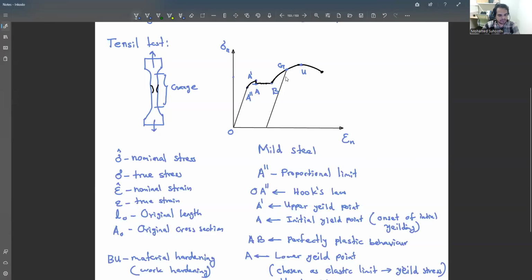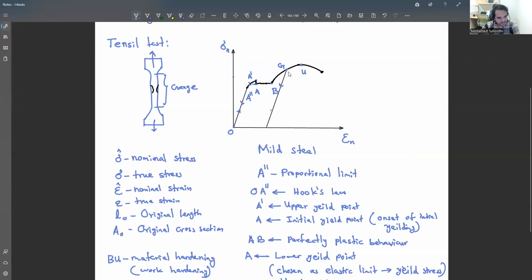Previously, within this region, even if you are loading, if you remove the load before reaching A dash, the material will return to the same position. But when it passes the material hardening region and you remove the load, the material will never come to the same position. It comes to a different position, a different shape. It has some permanent deformation here.